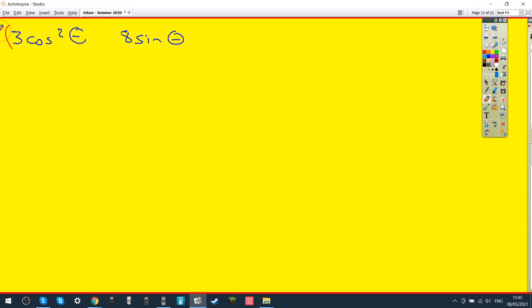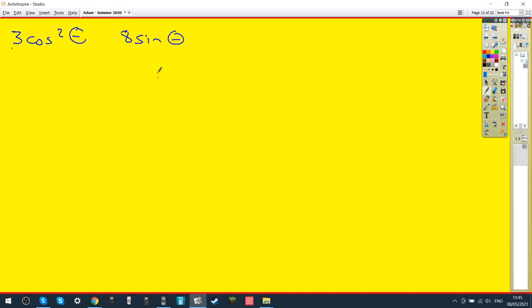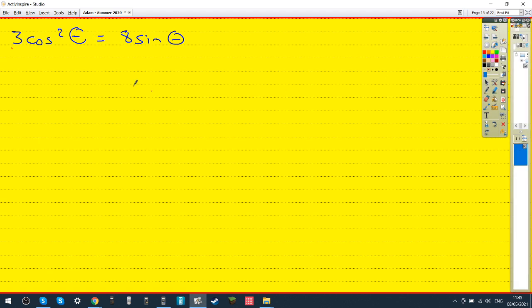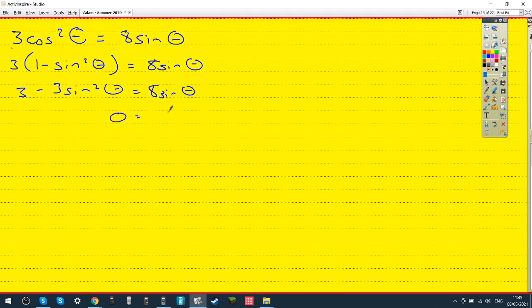Does it change the cos to be 1 minus 3 sine squared? So that's just 3 times 1 minus sine squared theta. So we expand that. Yep. Bring them onto one side. So what is that in the calculator?